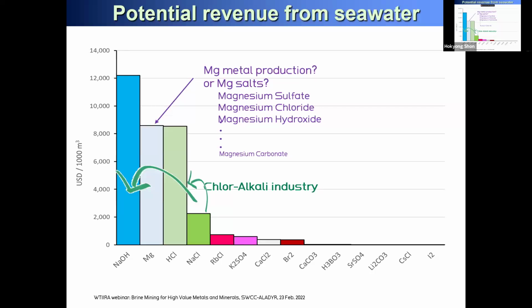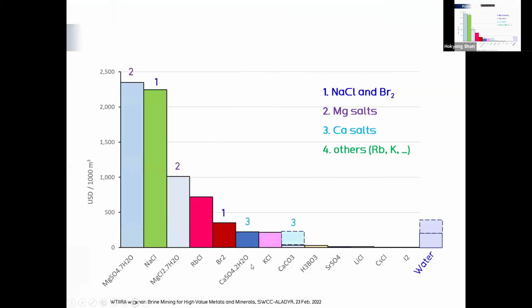So NaOH, HCl: we have a bipolar membrane technology to create this kind of material, and then you can have a higher value than the sodium chloride. Of course, we produce a lot of sodium chloride, so you can sell it as sodium chloride table salt. It's also possible. Rubidium, potassium, calcium, bromine.